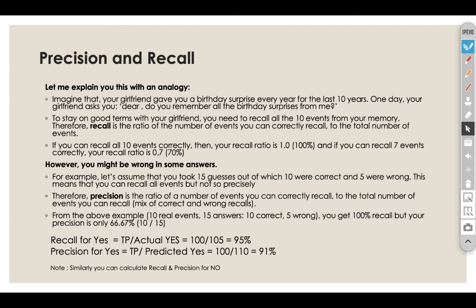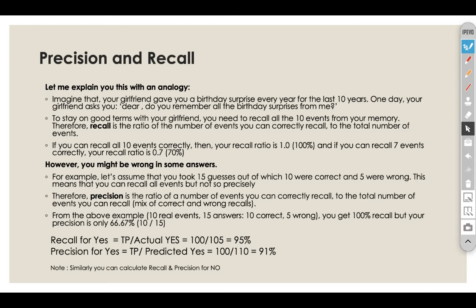Your girlfriend gave you a birthday surprise every year for the last 10 years. One day your girlfriend asks you, dear, do you remember all the birthday surprises from me? To stay on good terms with your girlfriend, you need to recall all the 10 events from your memory. Therefore, recall is the ratio of the number of events you can correctly recall to the total number of events.